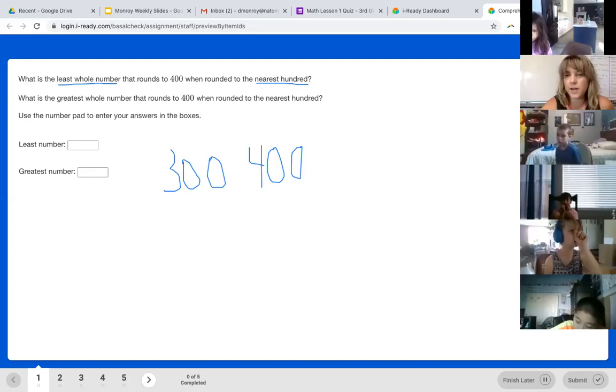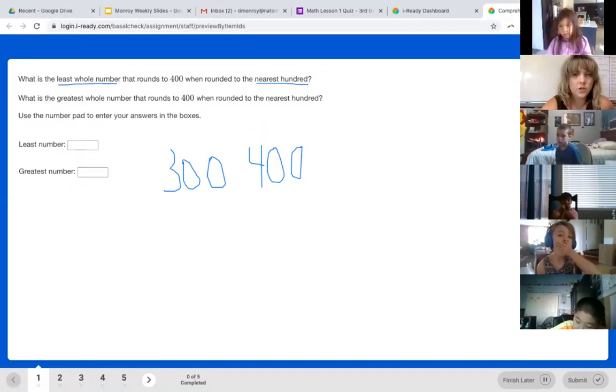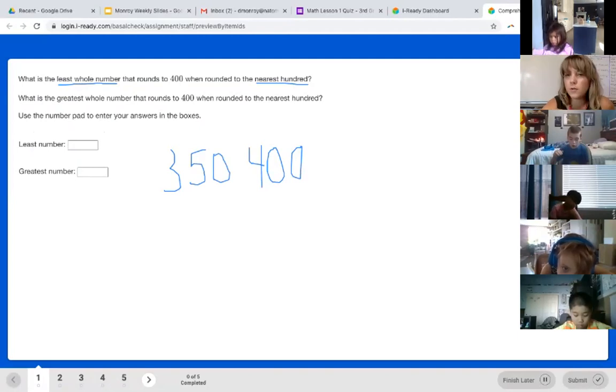Think about that halfway. Evan? 350. Good job, Evan. So I'm going to write that. I'm going to erase the 300 because we know that it needs to be greater than 350. Now, let's just look at the number 350, and I'm rounding it to the nearest 100.